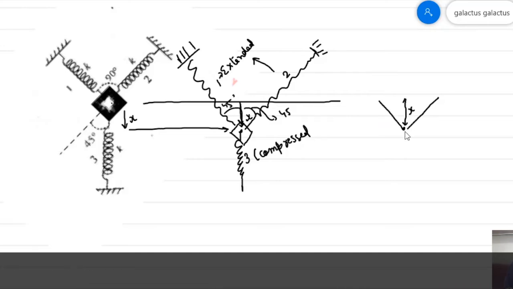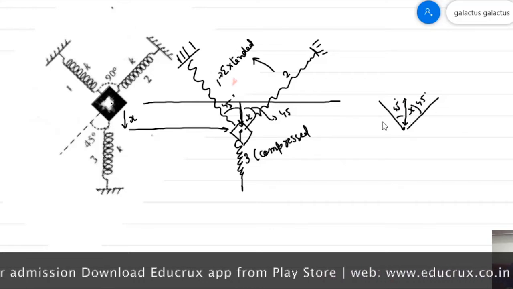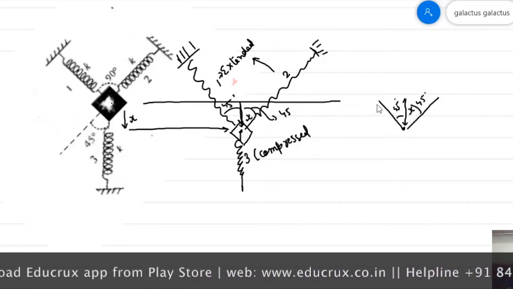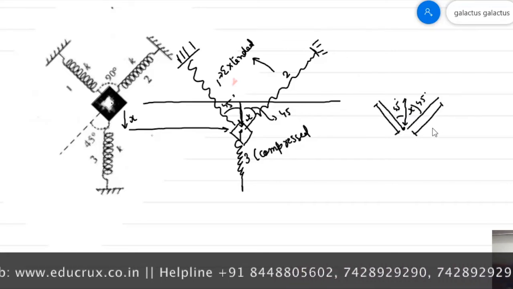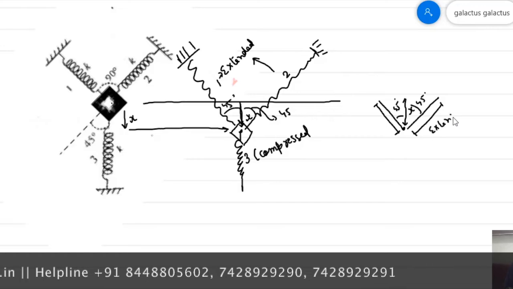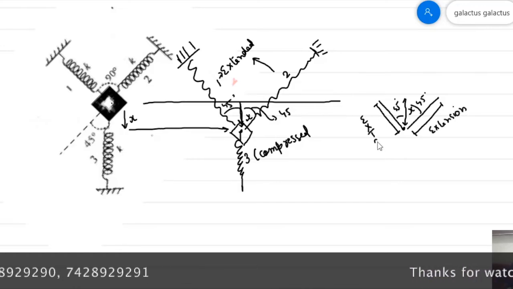If spring number 3 is displaced or compressed by distance x, then spring number 2 and spring number 1 are extended by, I can calculate the extension, this is the extension and this is also the extension.